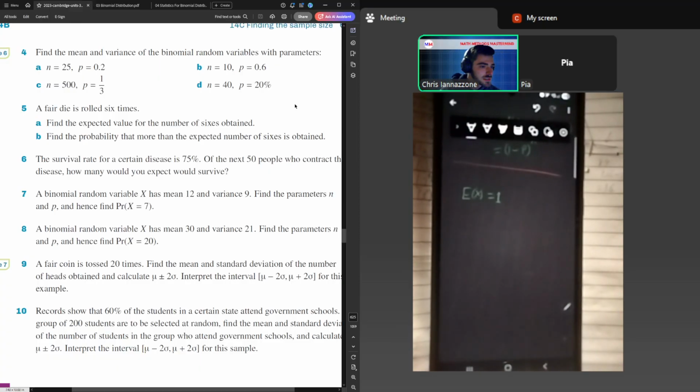Well, p is the probability of a specific outcome, a desirable outcome. When you're looking for the probability of more than a certain number of things happening, that's not p, it's what your equation equals.